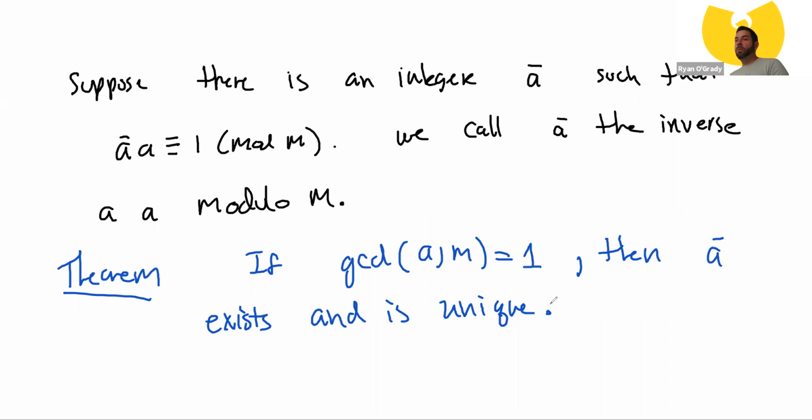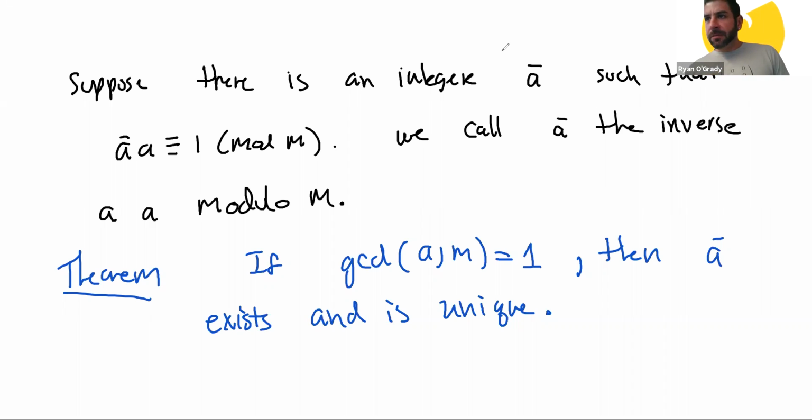Well, we know when we looked at our addition tables that 1 plus 3 is 4, but 4 is not in our set because 4 is congruent to 0 mod 4.